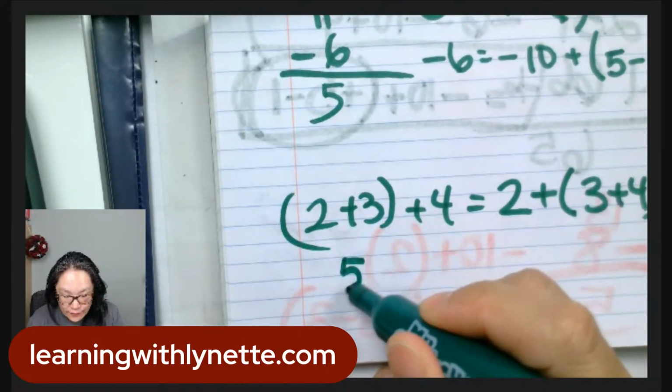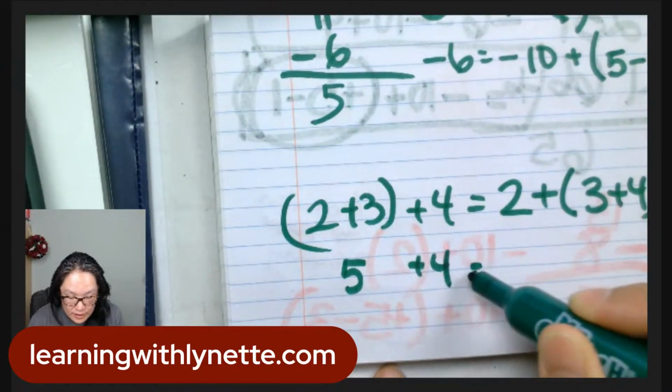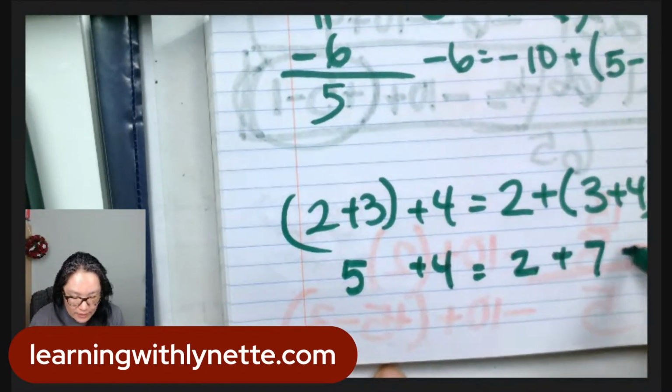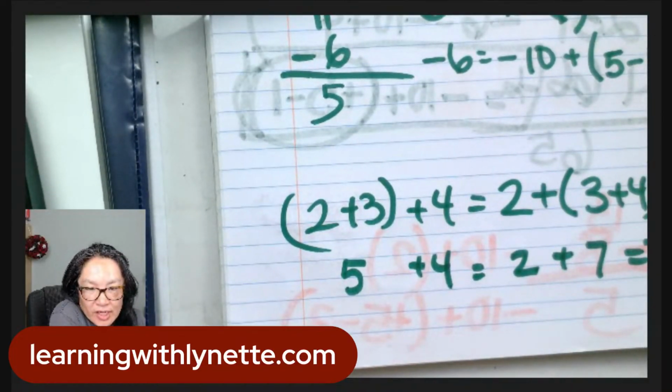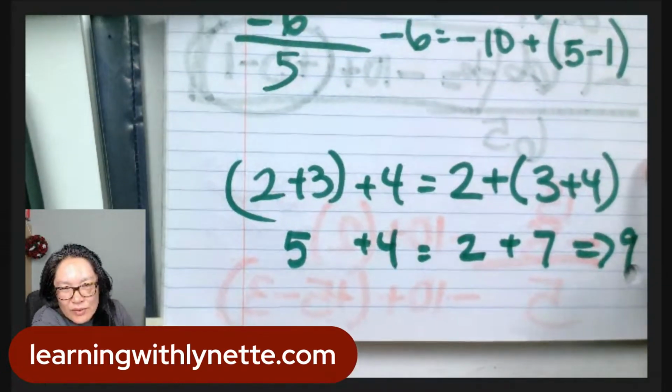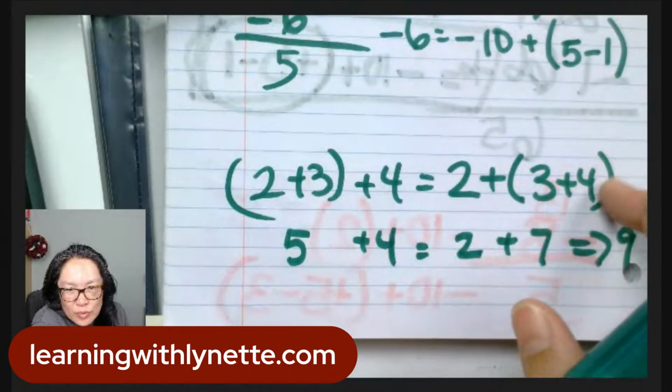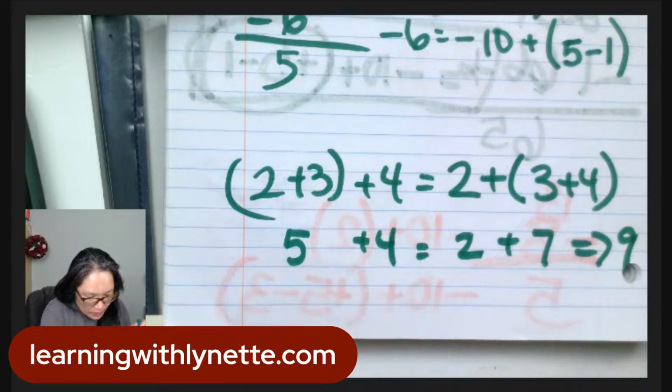And so it's 5 plus 4 is equal to 2 plus 7 equals 9. You can change the grouping. So it's about grouping. This is what they call associative property. They're grouping them.